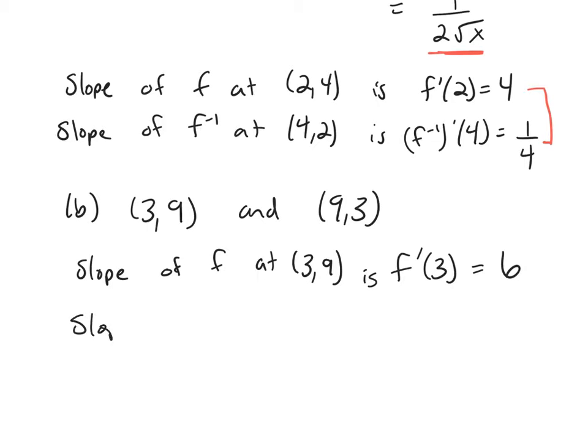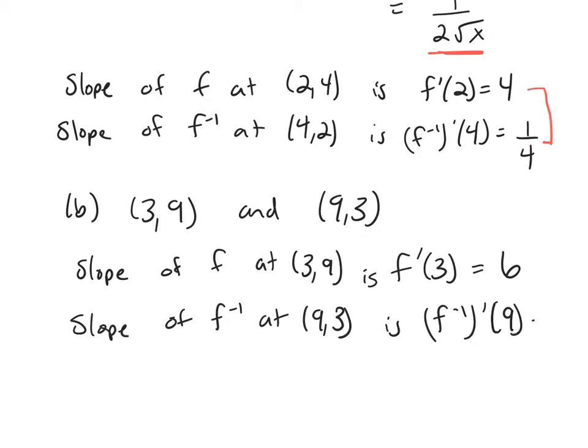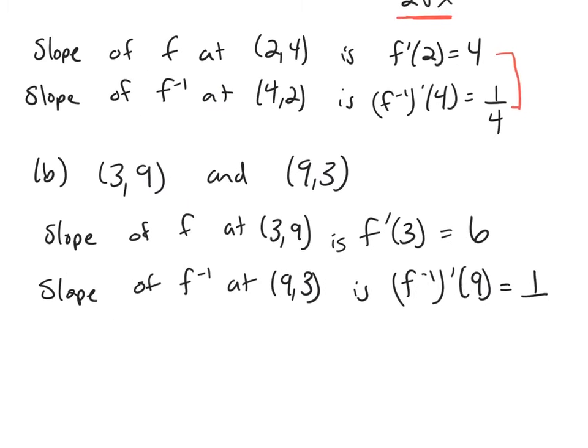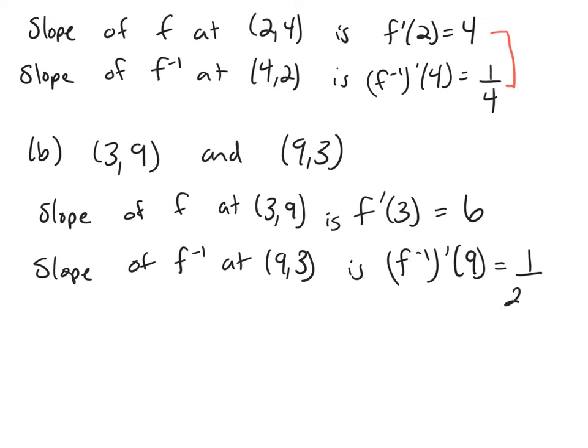And then look at the slope of the inverse function at the point 9, 3. Now in your inverse derivative, you're going to plug in 9. You'll get 1 over 2 square roots of 9, 1 over 2 times 3, or 1 over 6.